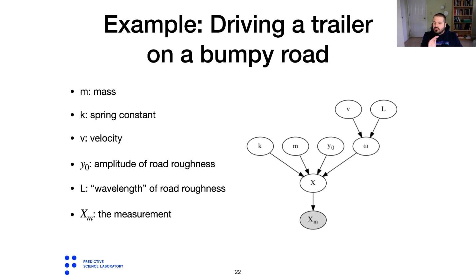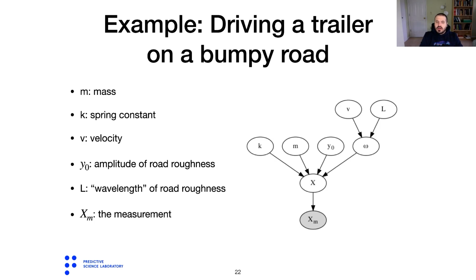I'm using this color to indicate that this node has been observed. So if you see a node in my causal graphs that is filled with some color, this means that this node is observed. Here xm is observed, none of the other nodes is. All the other nodes are more or less random or uncertain. But xm is actually observed. It has a specific value that you have seen.